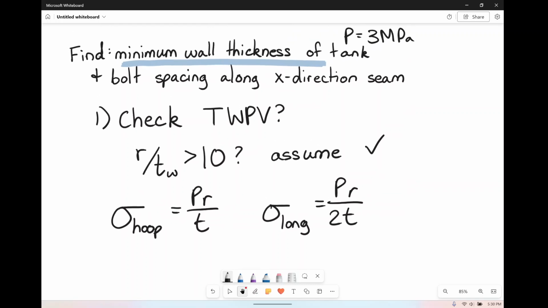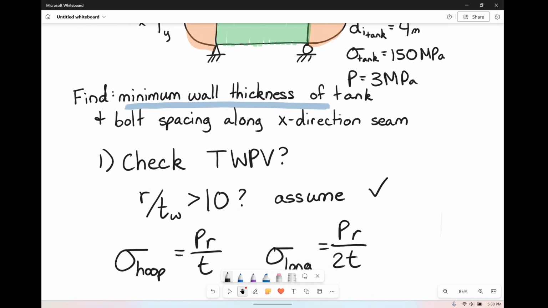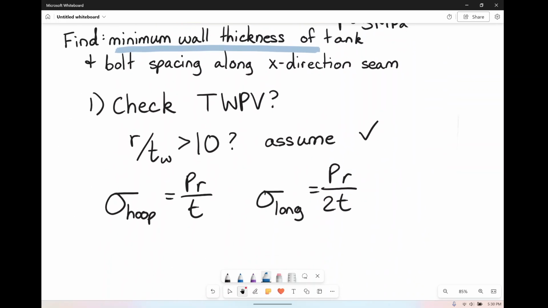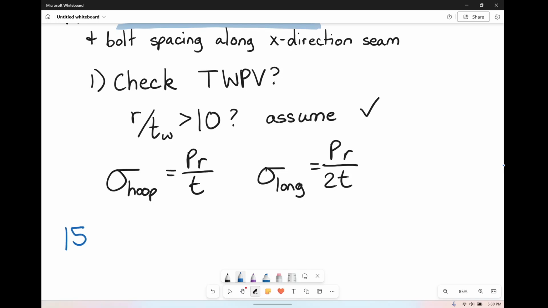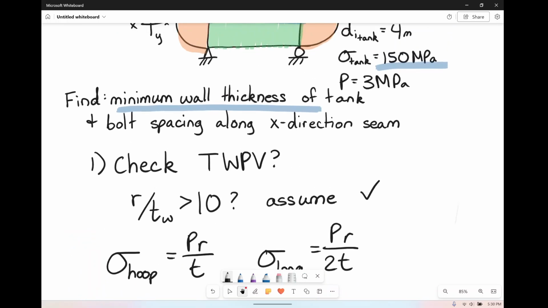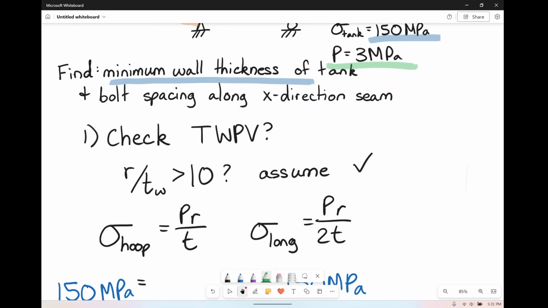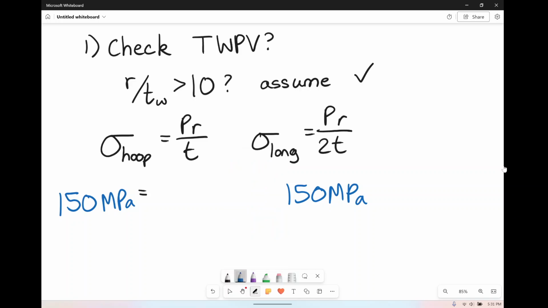So we're going to plug our information into our equations. The stress of our tank is 150 megapascals, so in each one of these we have 150 megapascals. Then we have P. Our pressure is 3 megapascals, so we're going to put that here in green, 3 megapascals, in each one of these equations.